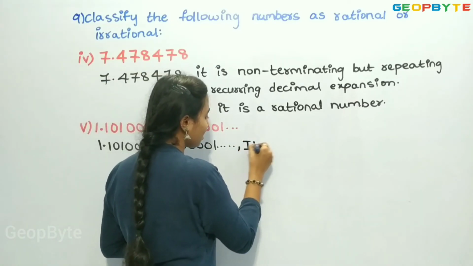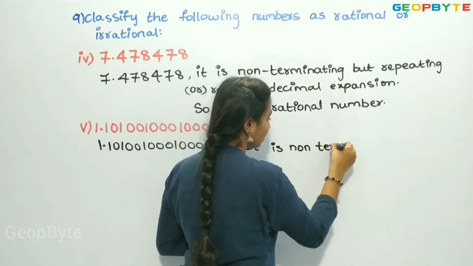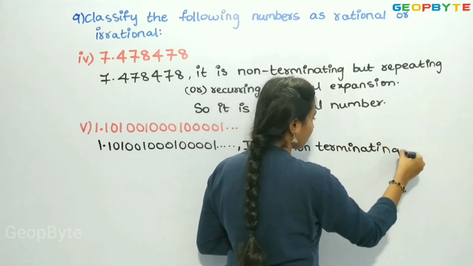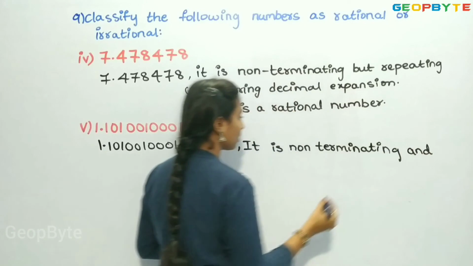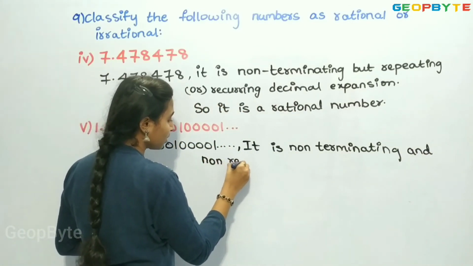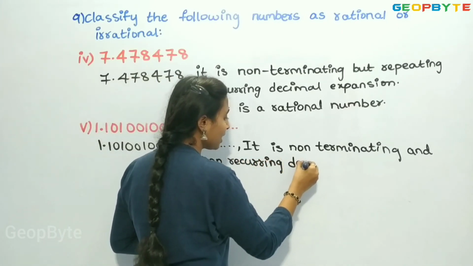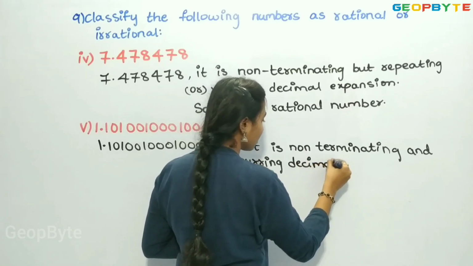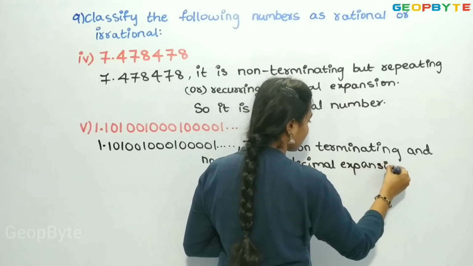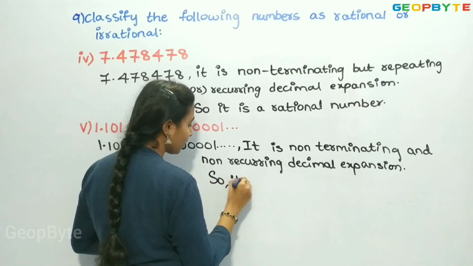It is a non-terminating and non-recurring decimal expansion. So it is an irrational number.